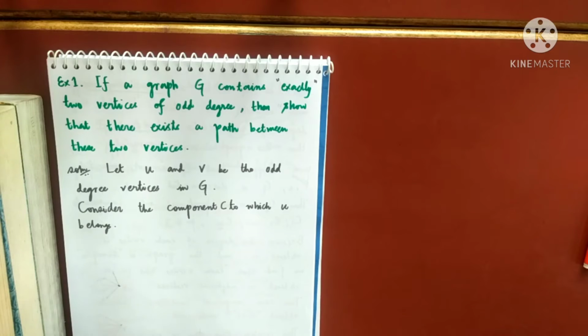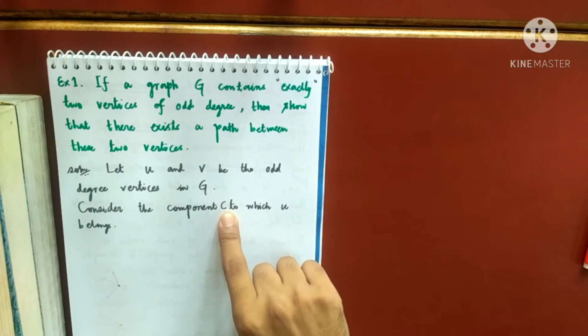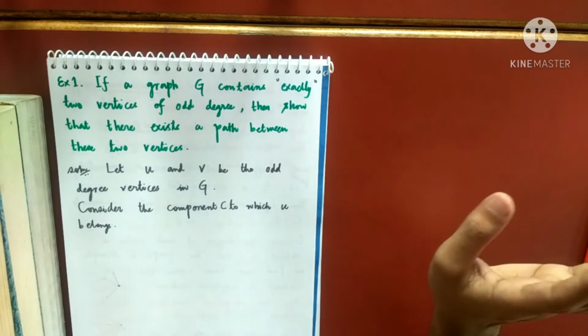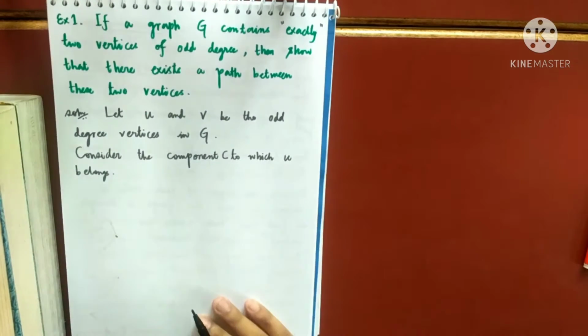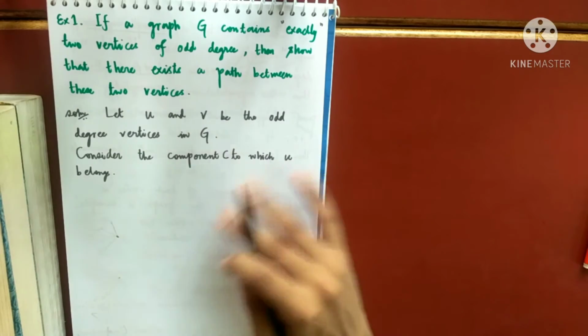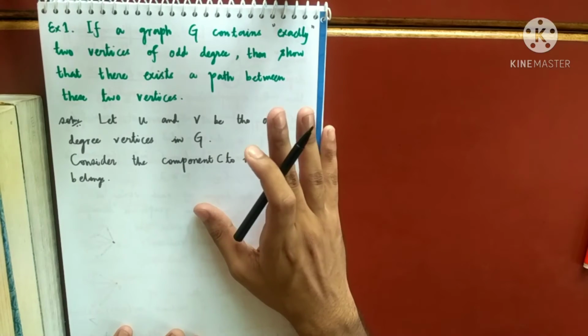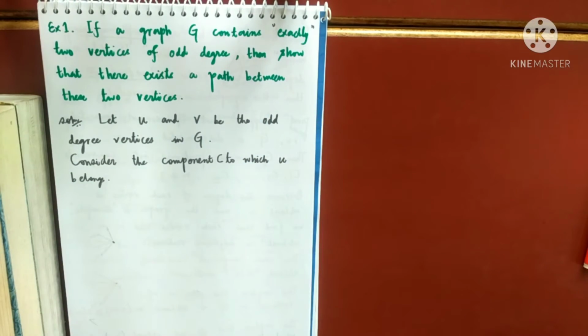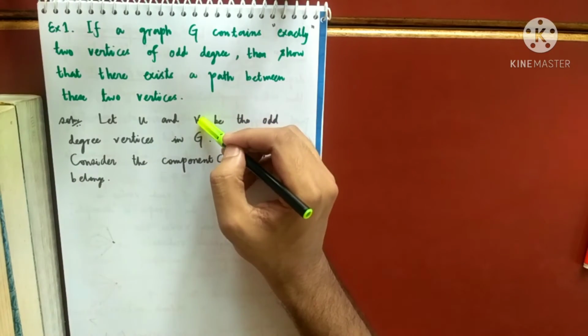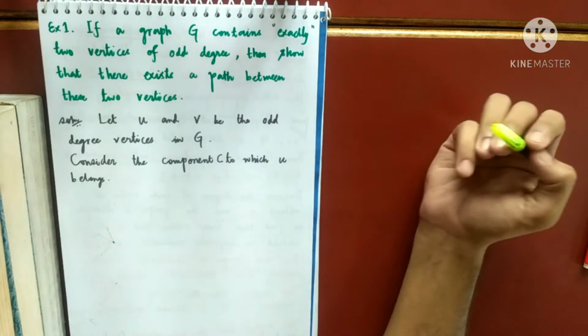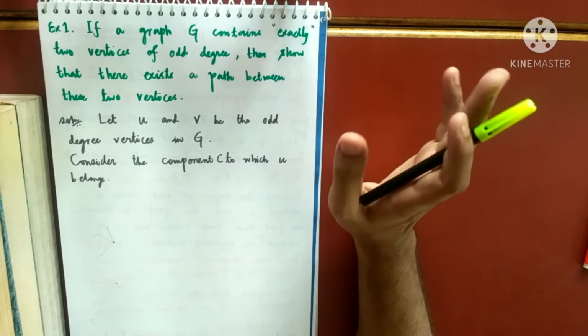U will belong to one of the components. I'm assuming that let C be that component to which U belongs. So I have some component C where the vertex U belongs. I don't know where V is. I will prove that V also belongs to the same component to which U belongs. I will tell you how.